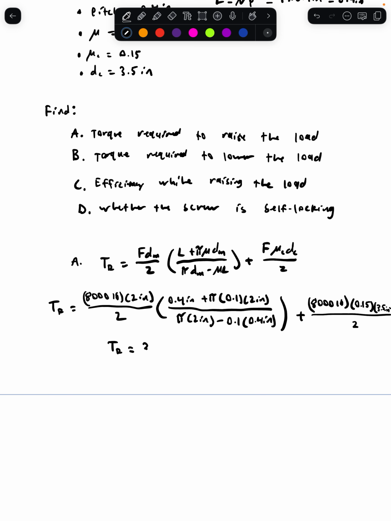So it's going to be 3,417.68 inch-pounds. So that is the torque it takes to start to raise this load.